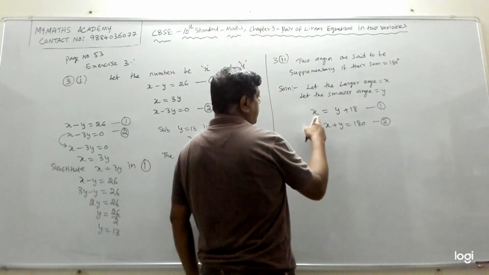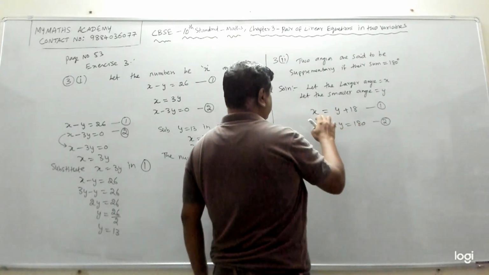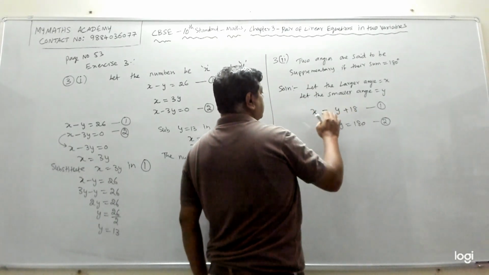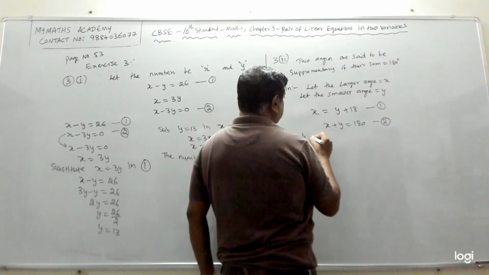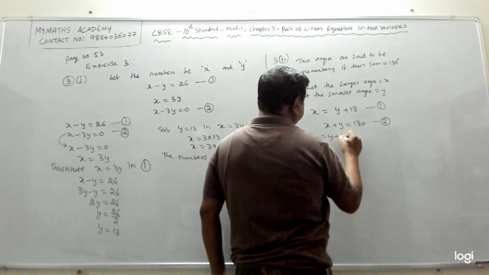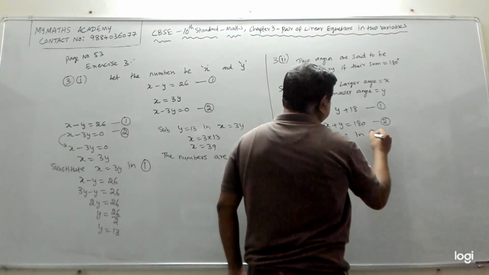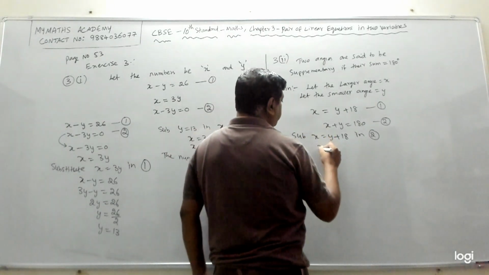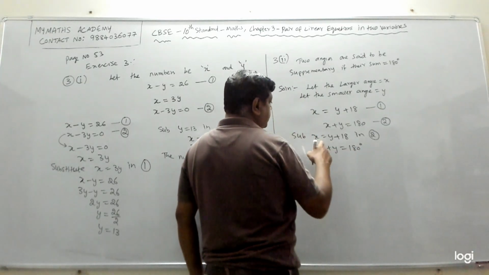The first equation is already x in terms of y. So what we can do is substitute x is equal to y plus 18 directly into the second equation. The second equation is x plus y equal to 180 degrees.